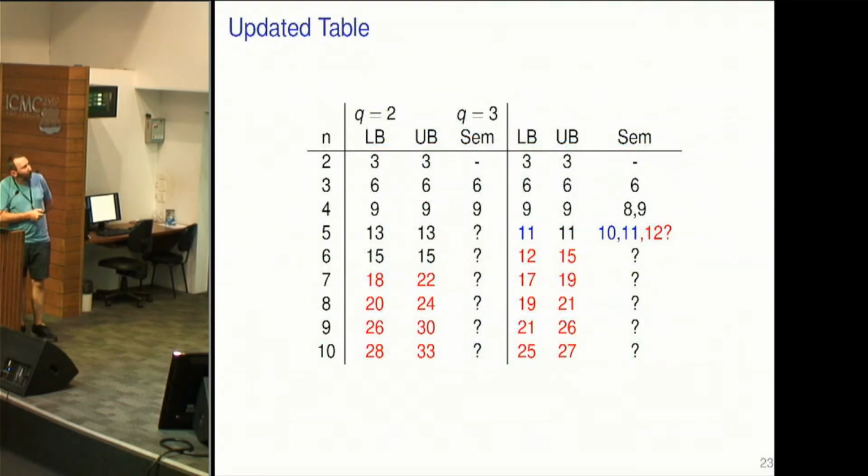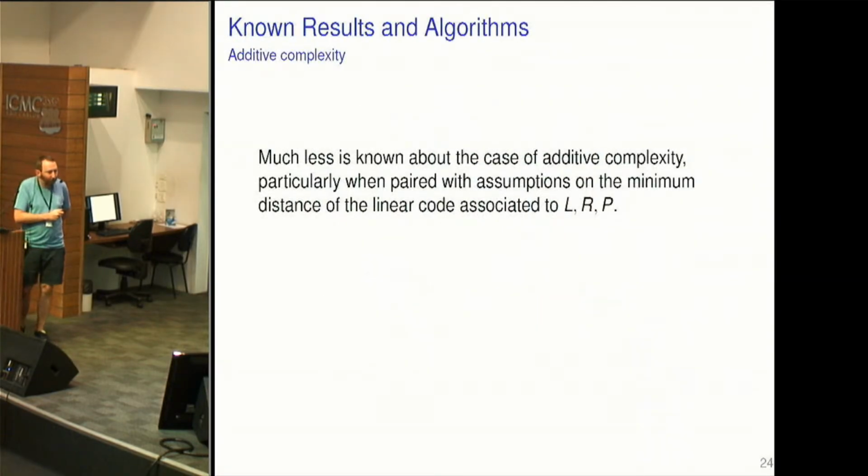So this is our table in terms of the multiplicative complexity. We've now fixed this lower bound for the field. It actually is 11. For semifields, we have one that's 10, we have some that are 11, and there may be some that are 12. Everything else is lots of unknowns.